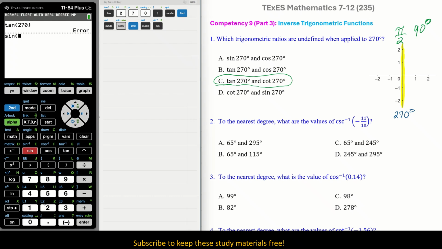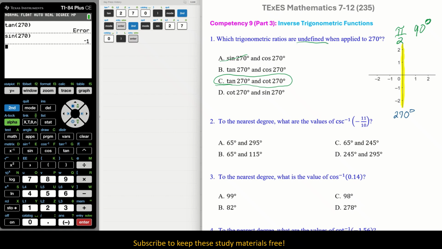So now we need sine 270, and that should be -1. Let's push enter, and it is. That's not going to change if we have 1 over sine, so that's cosecant, that's not going to matter. Anything with sine is defined, and we're looking for undefined.